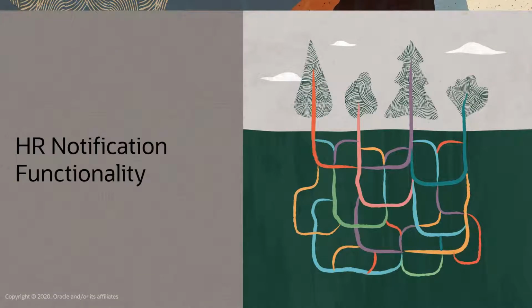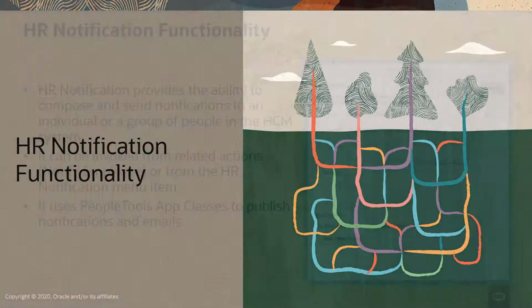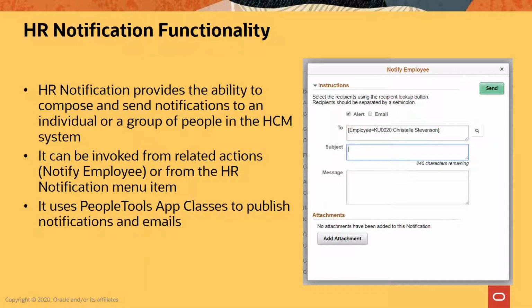So HR functionality in general provides the ability to compose and send notifications to an individual or a group of people in the HCM system. So that's one of the important things, is that it is specific to HCM.